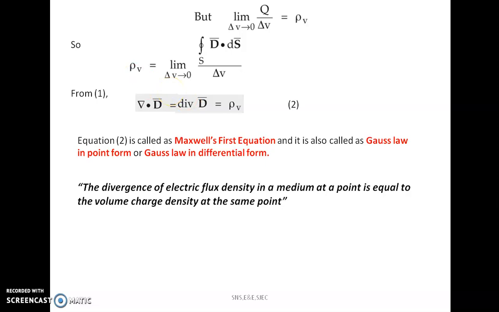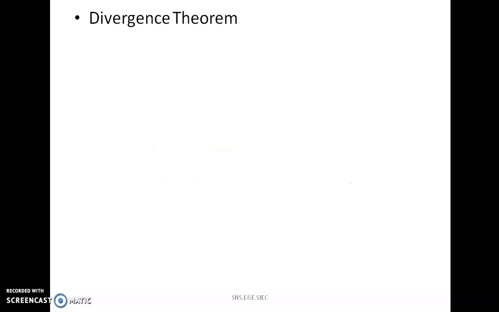Before going to problems on this, we will see what the divergence theorem is. The divergence theorem is mainly used to convert a surface integral into a volume integral. According to Gauss law, Q is equal to the surface integral of D dot dS.